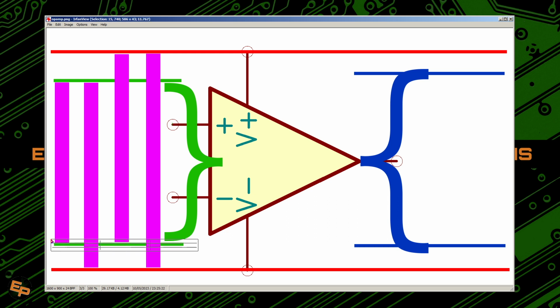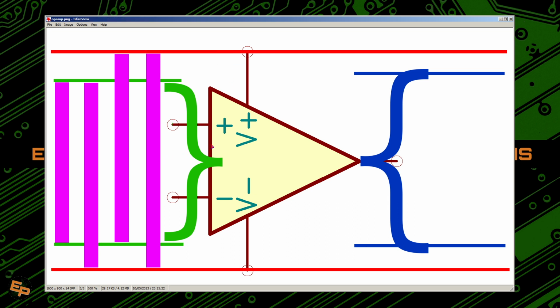So the minimum level is a certain distance away from the negative power rail. Therefore, this limit is basically a voltage that is slightly higher than the negative power rail, and the positive limit is a voltage that is slightly lower than the positive power rail.